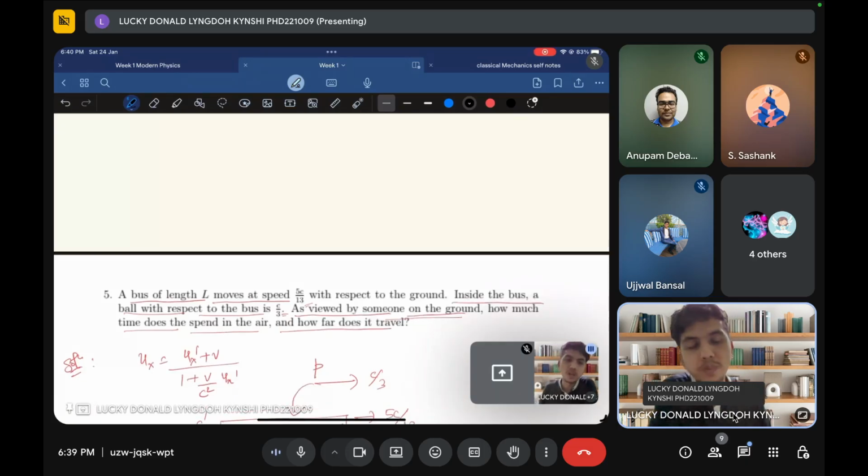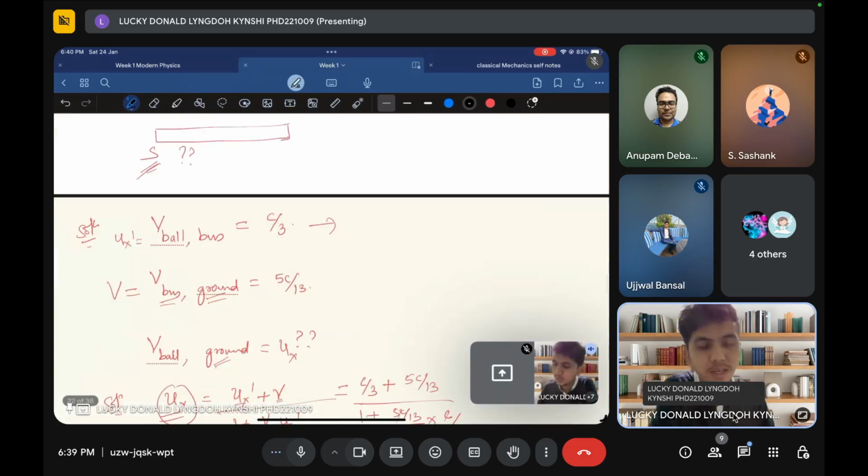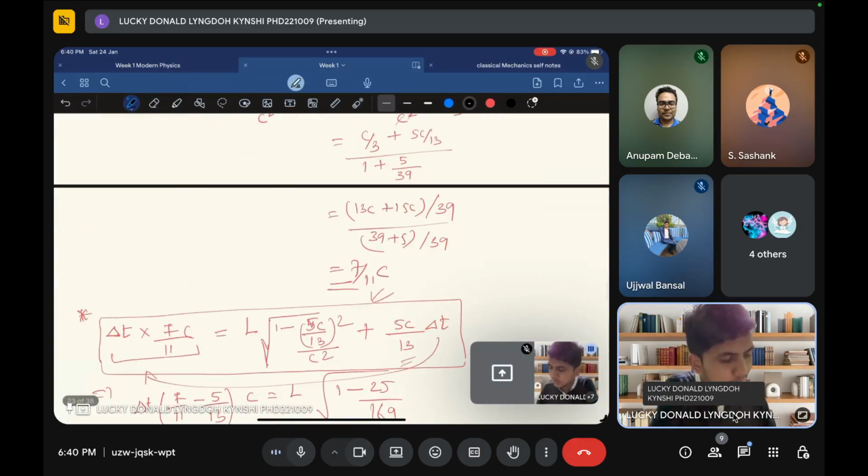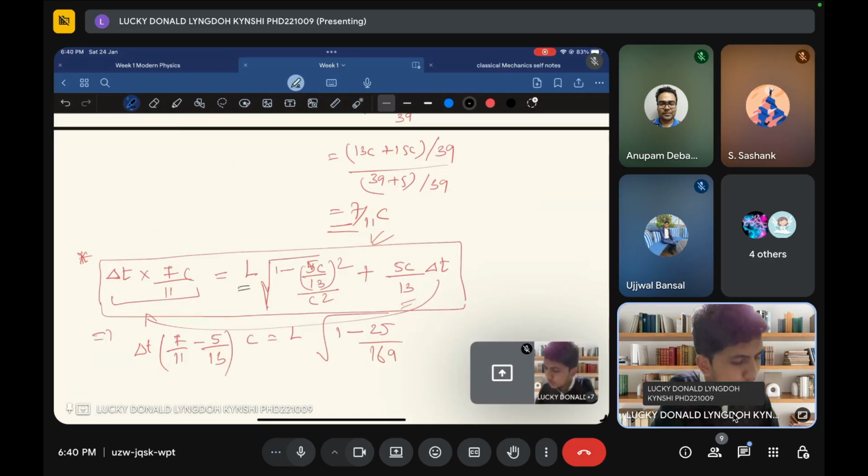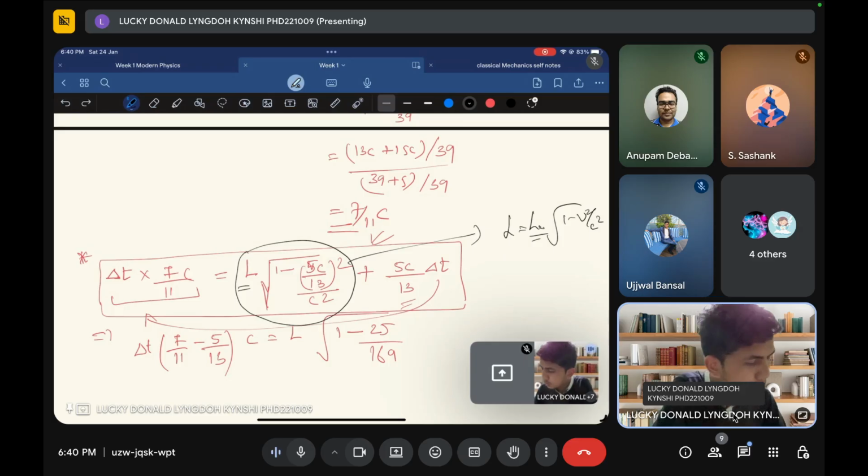You will measure a different length, given by L equals L naught times the square root of 1 minus v squared by c squared. Since the proper length is given as L, I can write some L1, which is L times the square root of 1 minus v squared by c squared, with v by c equal to 5 by 13.